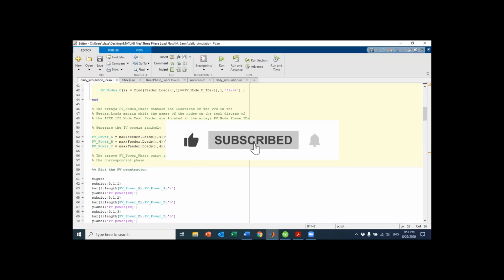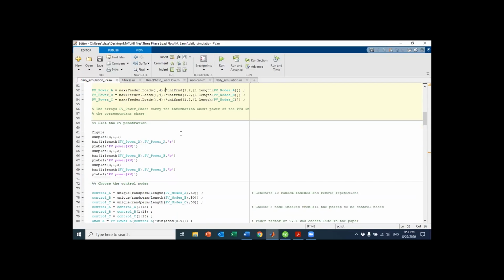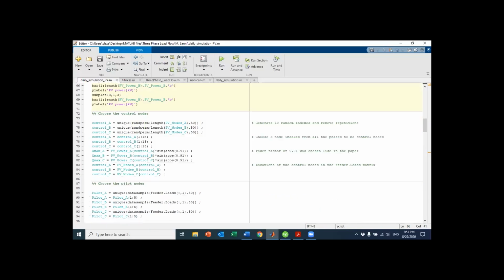So we just generate an array with the length of 60, whose elements are numbers from 1 to 2 times the power of the maximum load in the system. After that, we do that for all 3 phases, and we just plot the penetration of the PVs in the system.